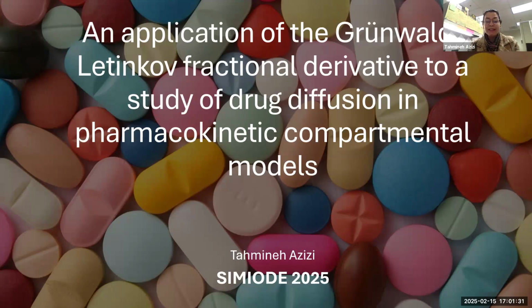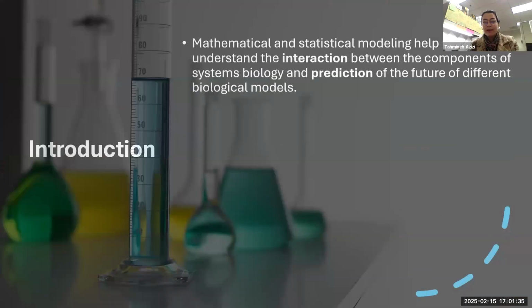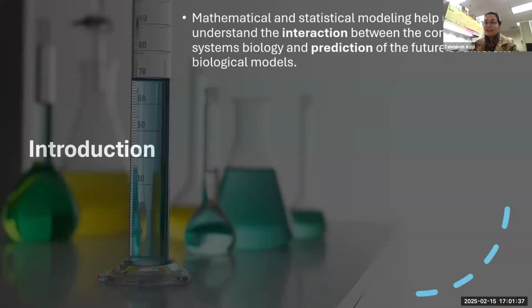So let's start by simply defining the objectives of a mathematical statistical model. I've done a lot of different modeling, but in general, mathematical statistical models help me, as a biomathematician, to understand the interaction between the different compartments or components of a biological system.